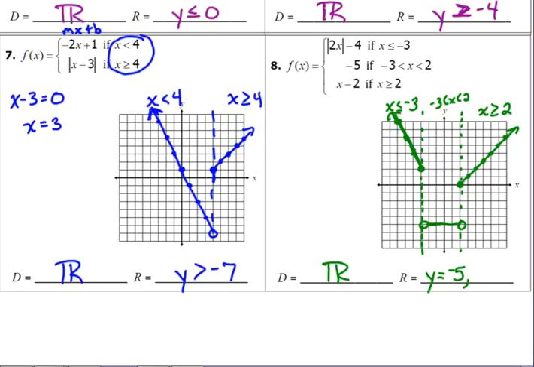We don't hit any of the y values between negative 5 and 0. Then all of a sudden at 0, we continue up from there. So this one has a weird range. It equals negative 5, and then everything that is 0 and bigger. So that was a little weird, but that's how you would write that.